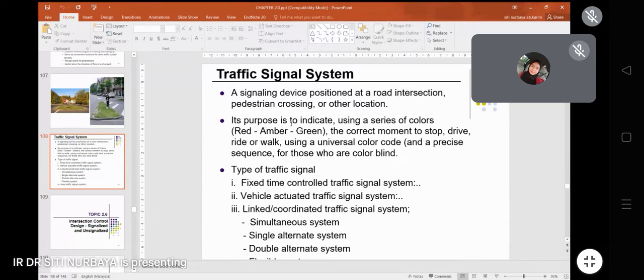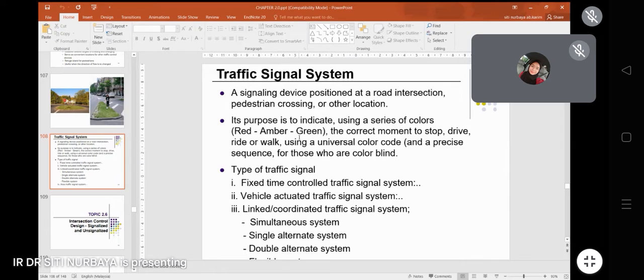So its purpose is to indicate using a series of colors like red, amber, green, okay, ataupun merah, kuning, hijau. The correct moment to stop, drive, ride or walk using a universal color code and a precise sequence for those who are color blind.